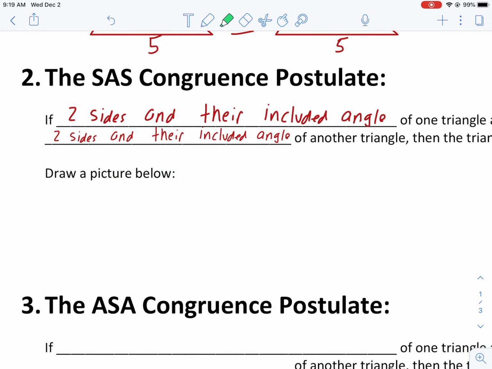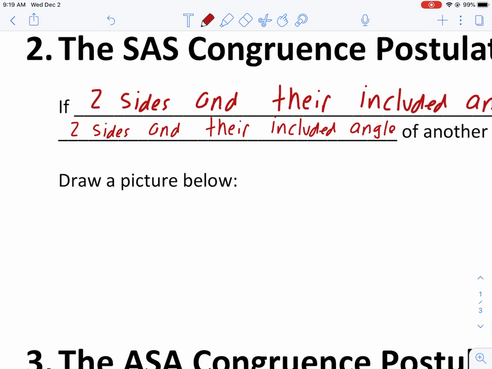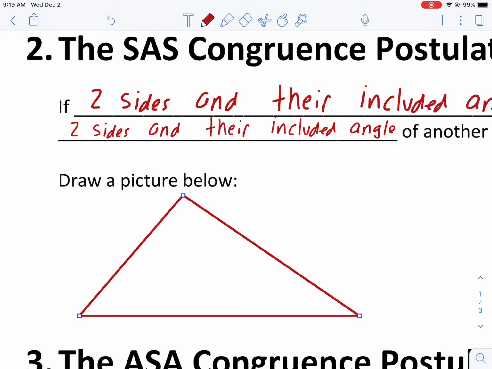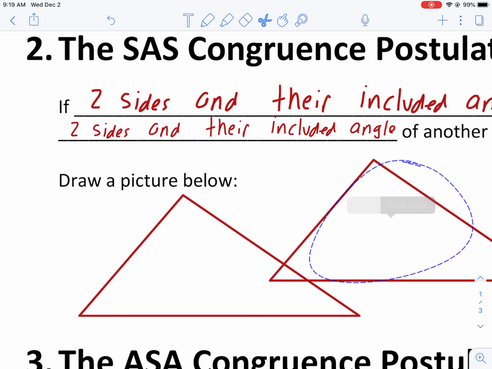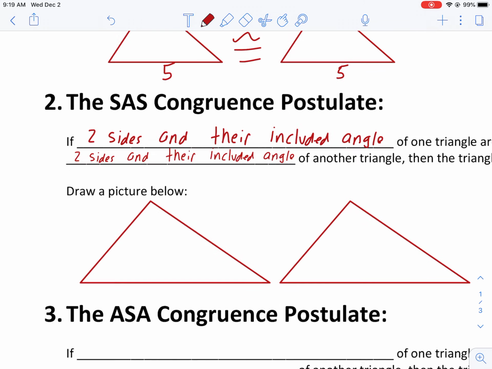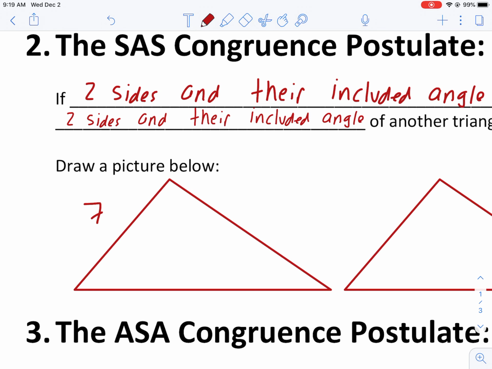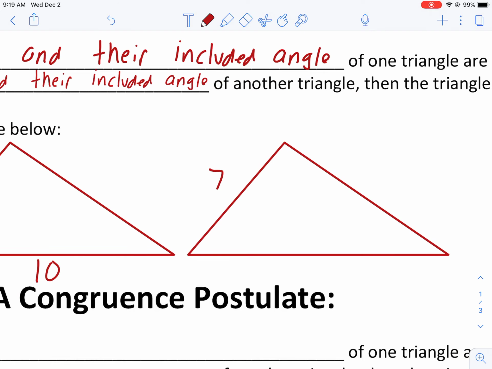So what this does not mean, all right, this doesn't just mean any two sides and an angle, okay? It has to be the angle that is in between the two sides. So for example, if we have 7, 10, and this is 40 degrees, okay, that works because it's the angle that's in between those two sides.